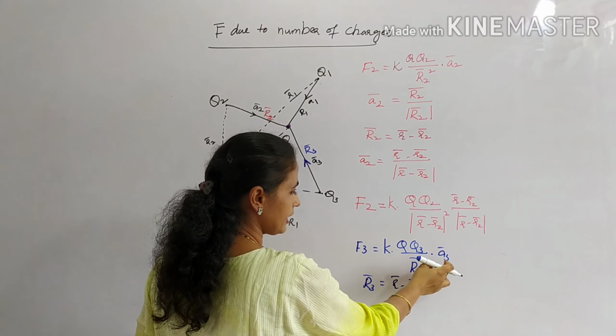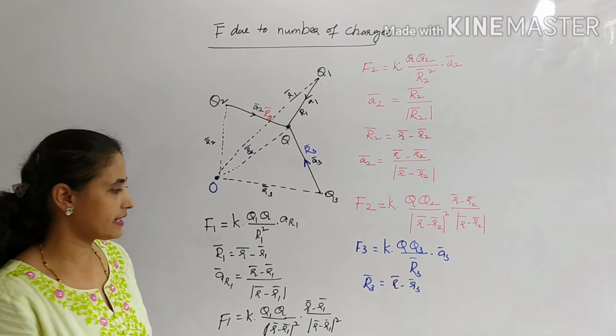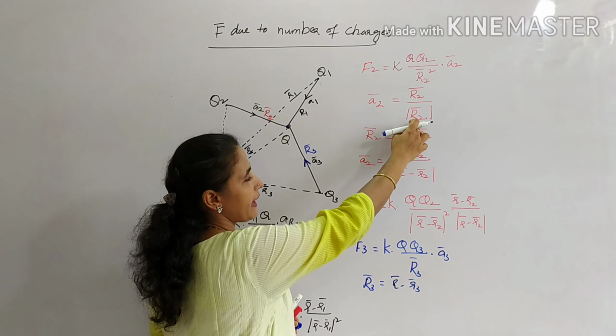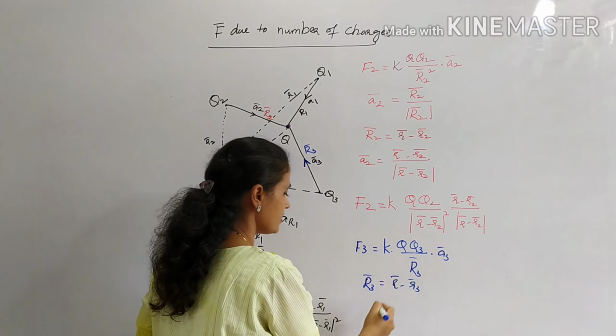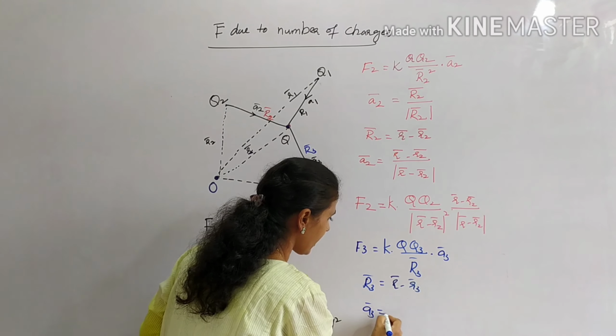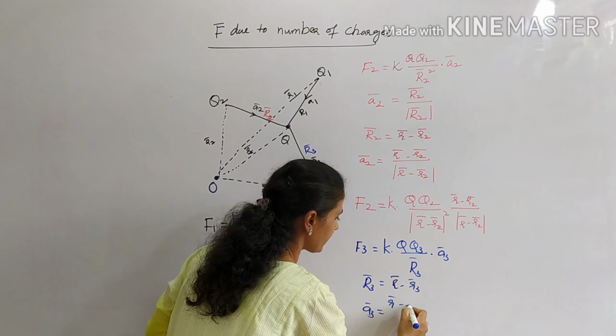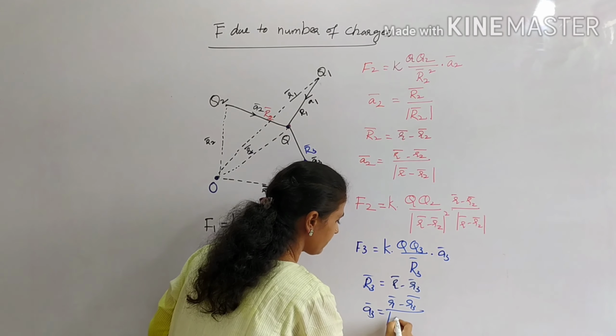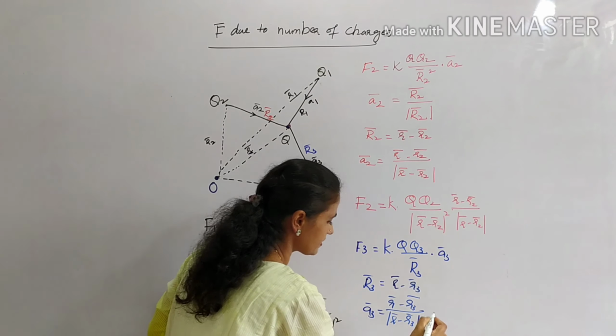We need the unit vector, and we know that the unit vector is the distance vector upon the magnitude of the distance vector. Accordingly, I write A3 as the distance vector, R bar minus R3 bar, by the magnitude of the distance vector, R bar minus R3 bar.